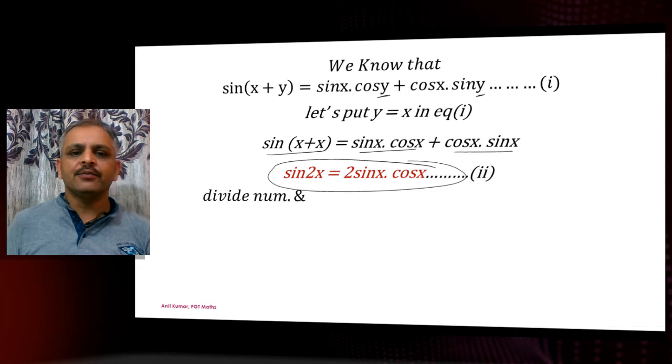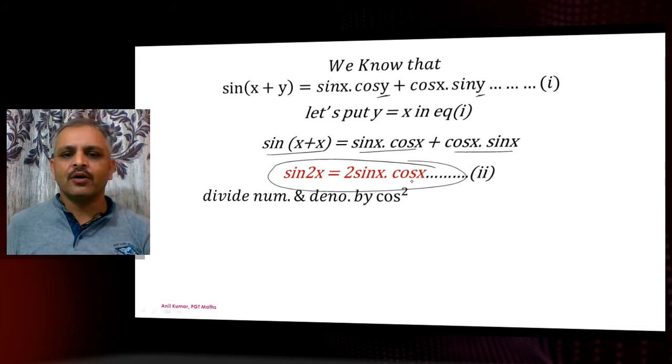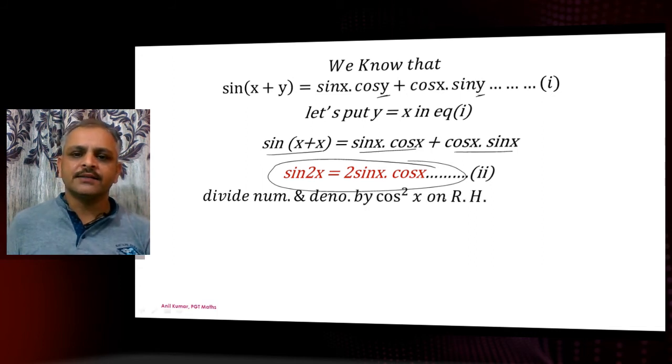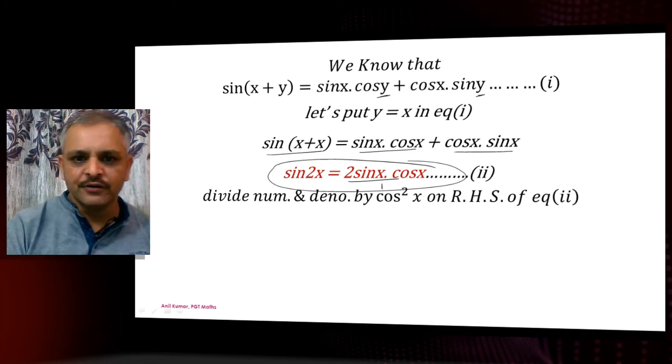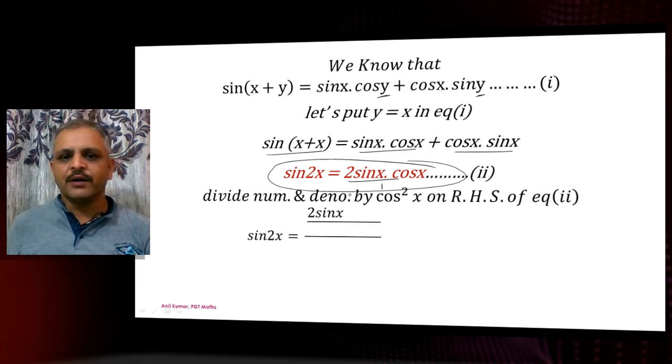Now let's divide the numerator and denominator by cos square x on the right hand side. The numerator is 2 sin x cos x and the denominator is 1. So it becomes 2 sin x cos x divided by cos square x, and 1 divided by cos square x.